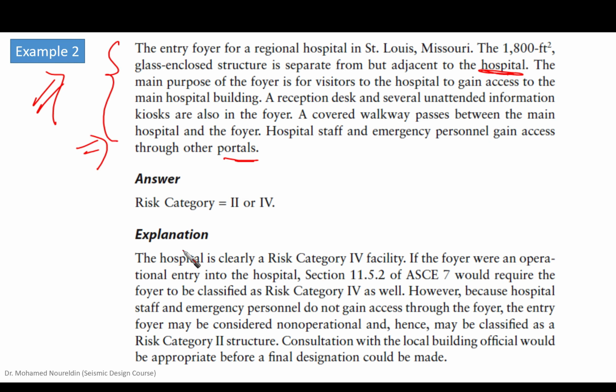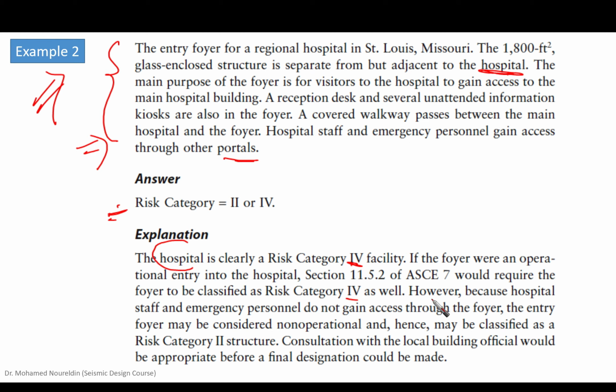Okay, so let's read the explanation before assigning the risk category. The hospital is clearly risk category 4, without a doubt. We're talking about a hospital, and this is considered to be part of it, right? If the foyer were an operational entry into the hospital, section 11.5.2 of ASCE would require the foyer to be classified as risk category 4 as well.